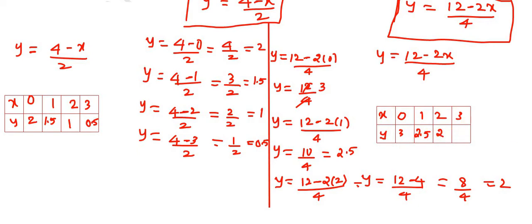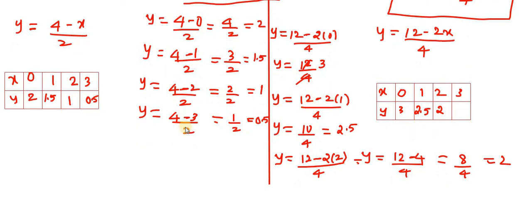And for the third one, I don't have space here, so I'll write this on this side. If x is equal to 3, then y is equal to (12 minus 2 into x) divided by 4. Replace x by 3.